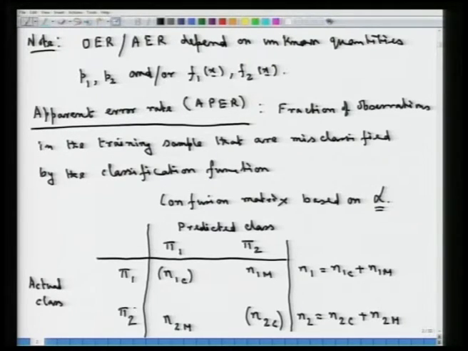Now, if this is what we get as the confusion matrix, which is derived when we have a particular classification function in place, then these N1M observations are misclassified coming from the first population, and these observations N2M are the number of observations misclassified coming from the second population. And hence, when we talk about apparent error rate APER, then it is the fraction of observations in the training sample that are misclassified by the classification function.